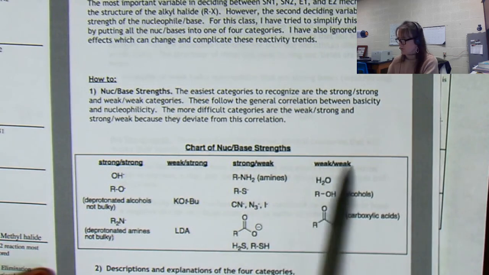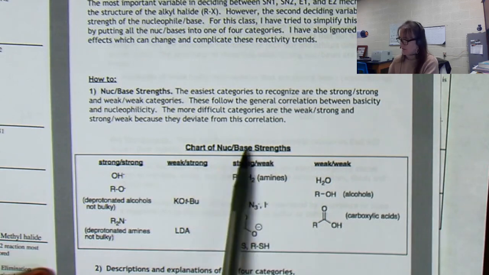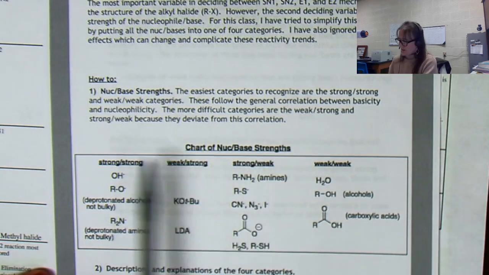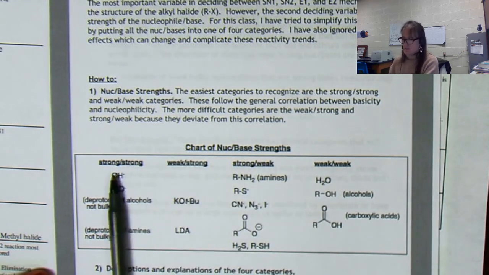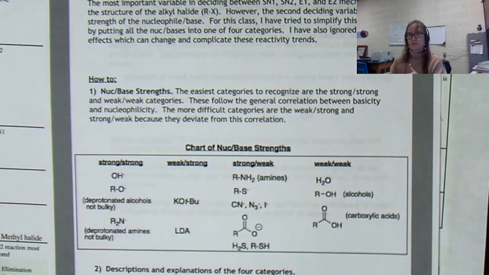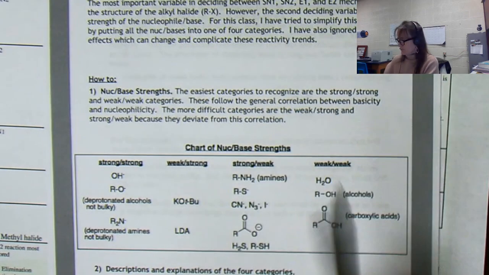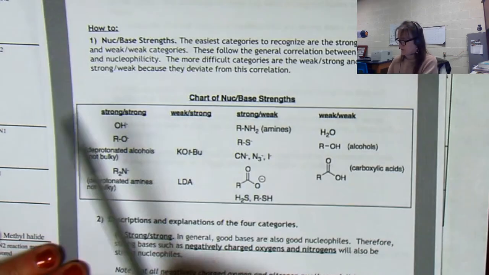The reason there's 2 words is because the first word is what kind of nucleophile it is, and the second word is what kind of base. It is the classification of these that determines whether it's going to be SN1, SN2, and also E1, E2, or substitution and elimination. And so this document is a really good summary.